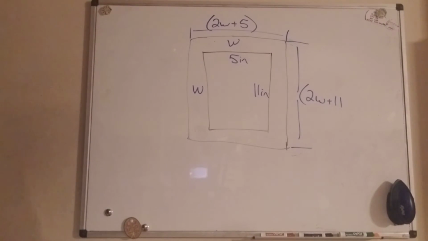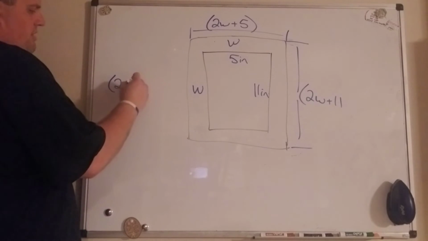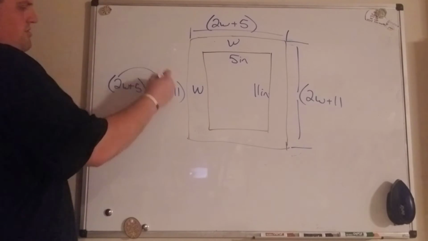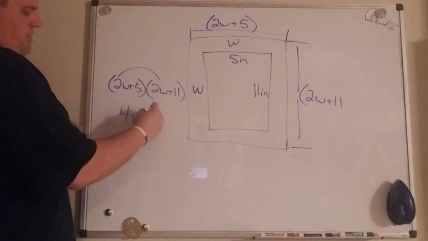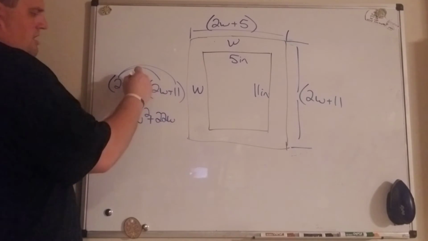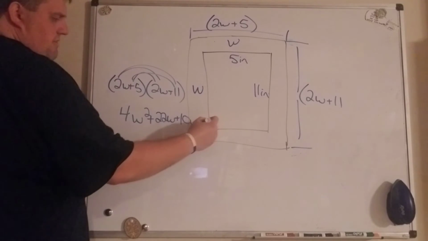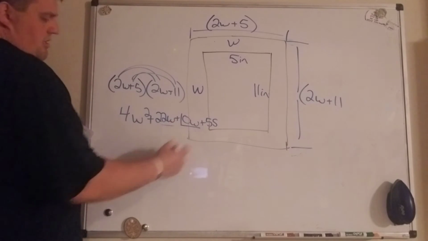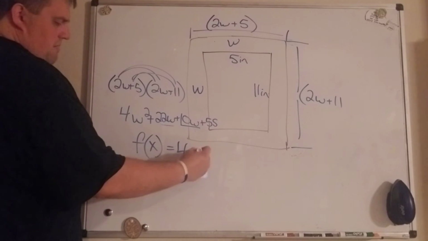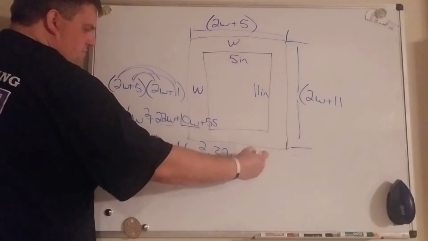After we model it like that, we just multiply it through, because we want the quadratic equation. So 2W times 2W is 4W squared. 2W times 11 is 22W. 5 times 2W is 10W. And 5 times 11 is 55. Then add your like terms, and our final function, f of x, is going to be 4W squared plus 32W plus 55.